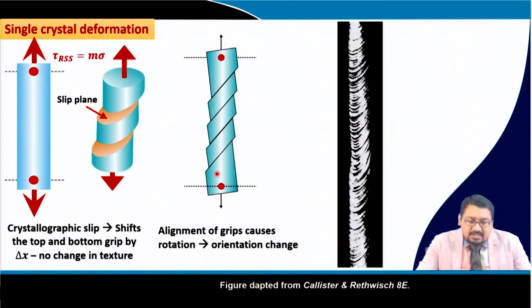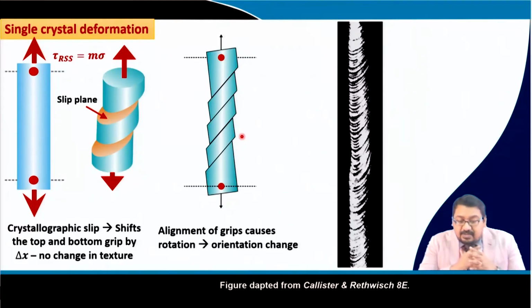This, you see, leads to the rotation of the slip plane with respect to the loading direction. Say it was initially like this, and then slowly it becomes like this, and then it goes like this, right.